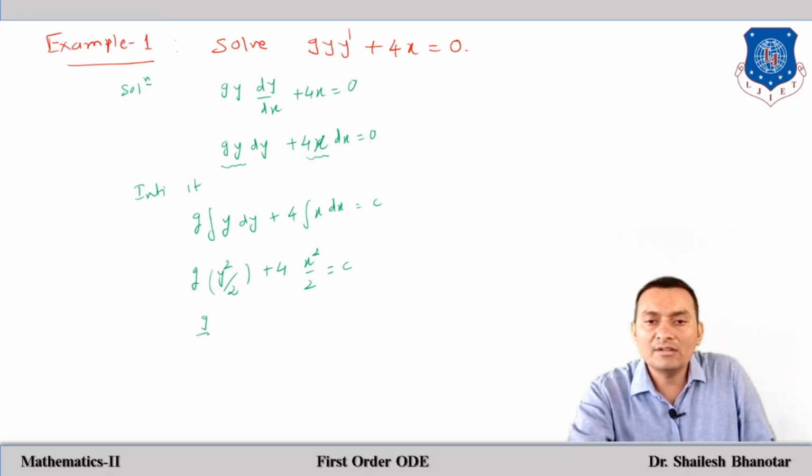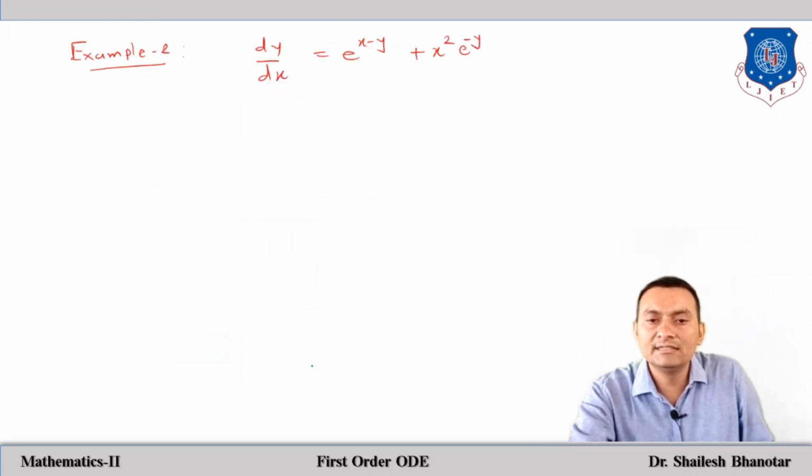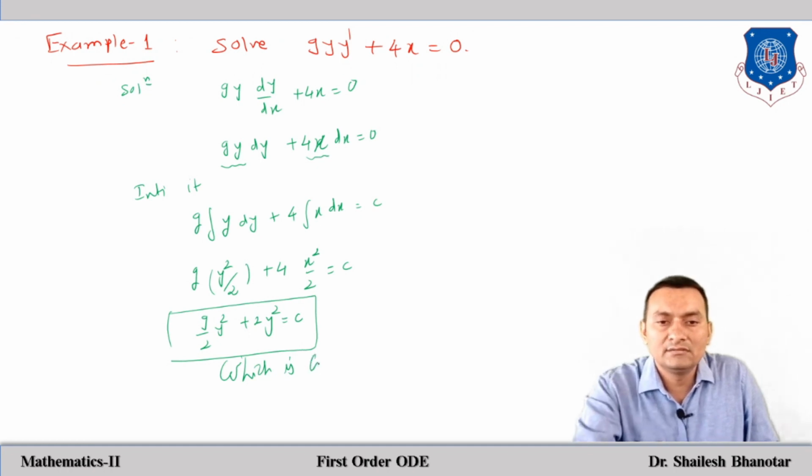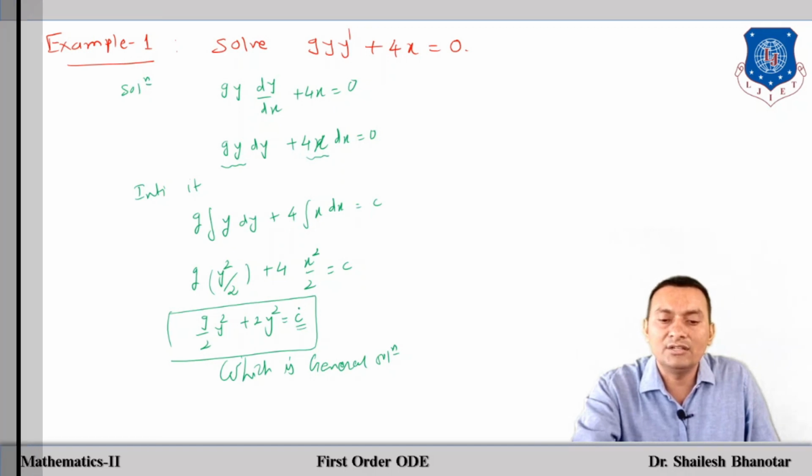So this is 9y² + 4x² = c, and this is exactly the required general solution. Why is it known as the general solution? Because there is only one constant and the differential equation has order 1, and therefore it is known as a general solution.